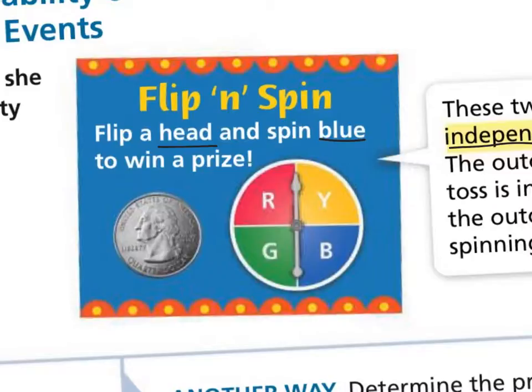So these are independent events because what we flip on the coin doesn't change what we're going to do for spinning. In other words, I flip a coin, I get tails. That doesn't make me more or less likely to get red or blue or green or yellow.